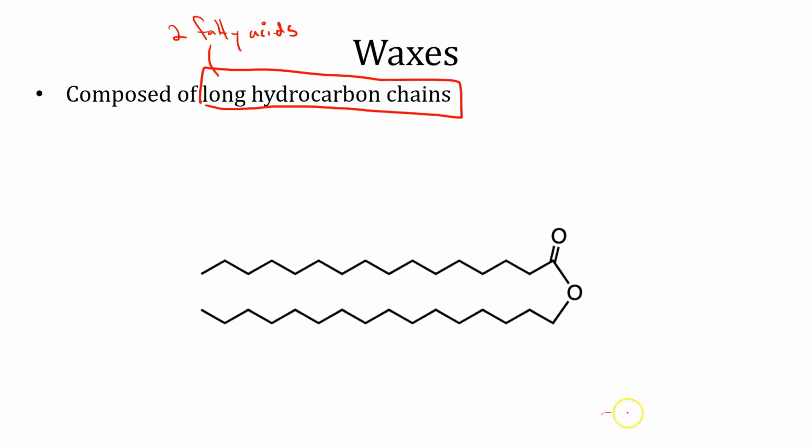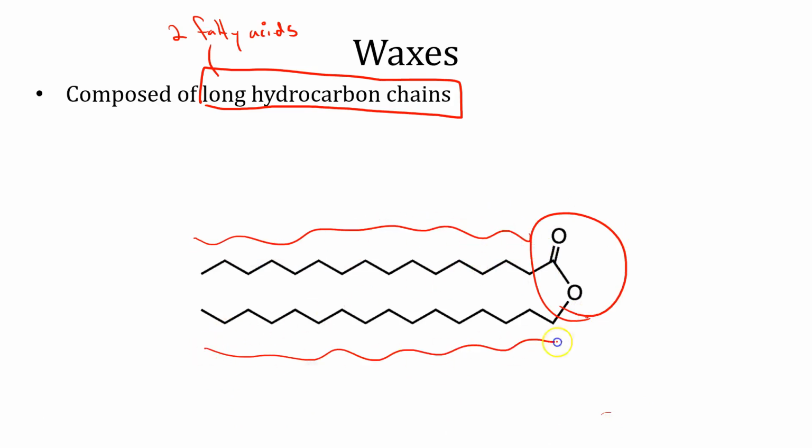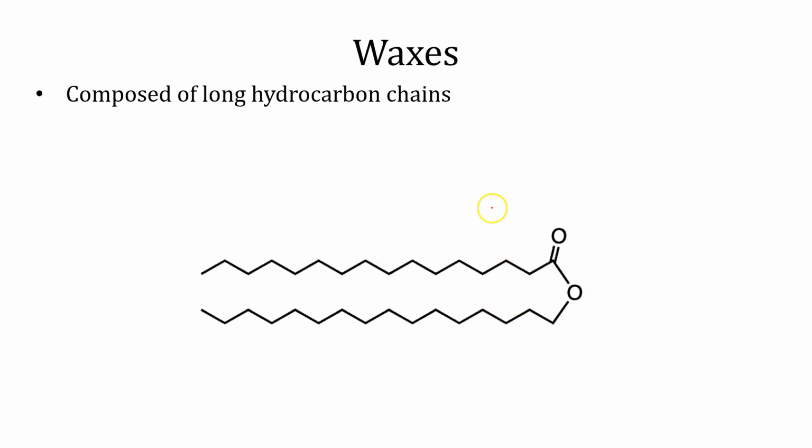So an example would be here. This is the point where 1 fatty acid, this thing, and another fatty acid, this thing, linked up to form one that's too long. And these are super hydrophobic, because they're super nonpolar. We said fatty acids are nonpolar, right?